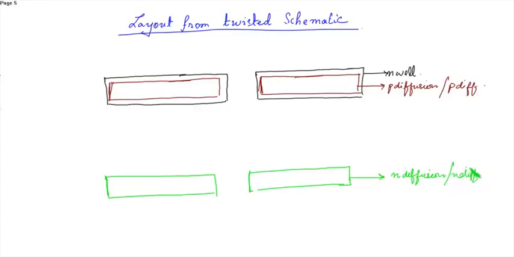Now after drawing the P diffusion and N diffusion, that is after constructing the PMOS and NMOS layer, now draw the terminals. That is, this is a gate. The gate is, this is gate, source, drain, source, gate, drain, source, gate, drain.